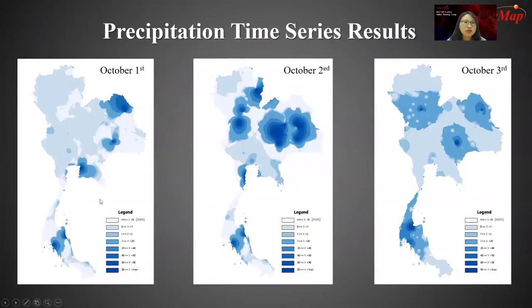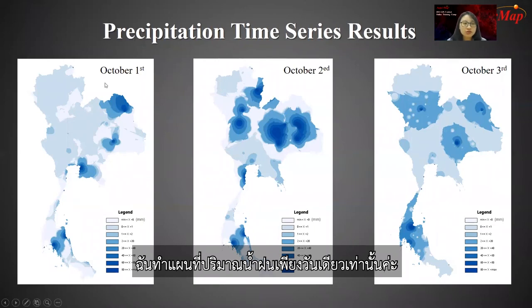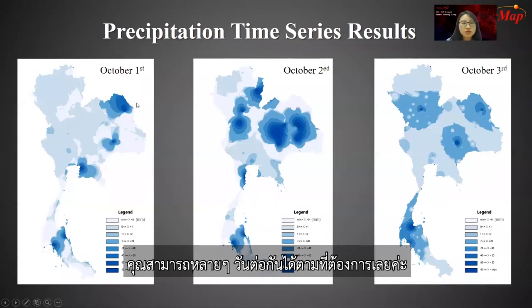So in our training, I just showed you one day's analysis of precipitation. So here you can further do the other days' precipitation, just like October 1st, October 2nd, October 3rd, or any day you want.